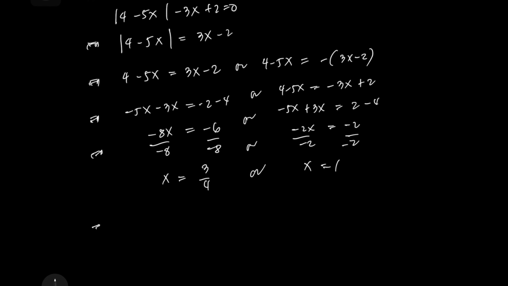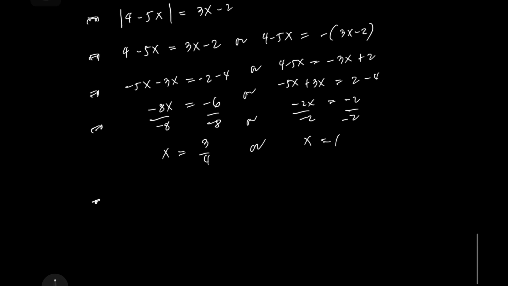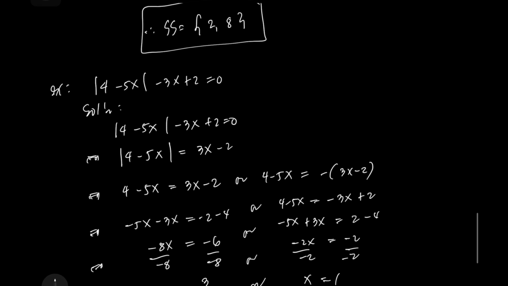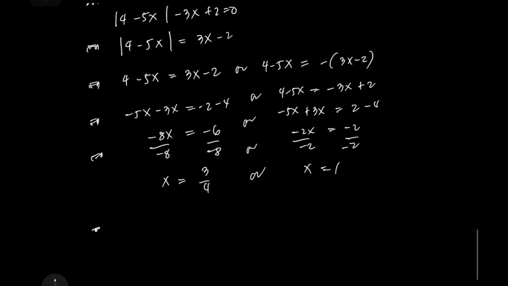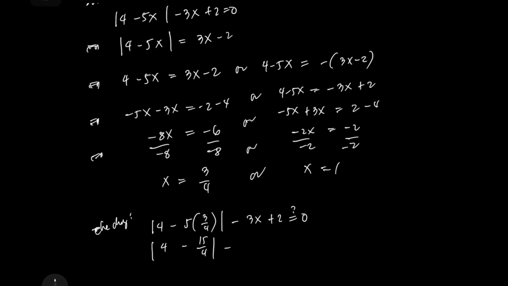Again, before making it your solution set, let's substitute it first to our original problem. So first the 3/4, checking: we have the absolute value of 4 minus 5 times 3 over 4, minus 3x plus 2, is it equivalent to 0? So this is 4 minus 15 over 4 minus, this is 3/4, sorry.